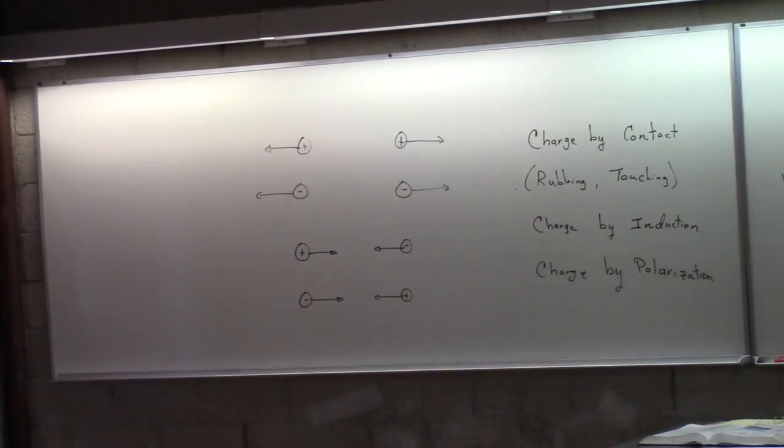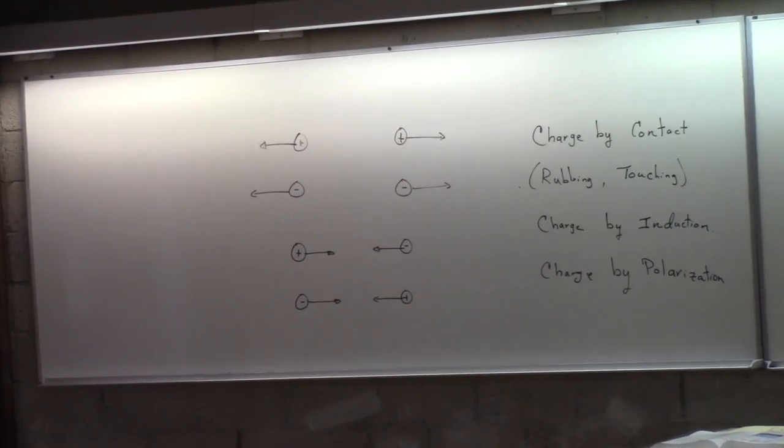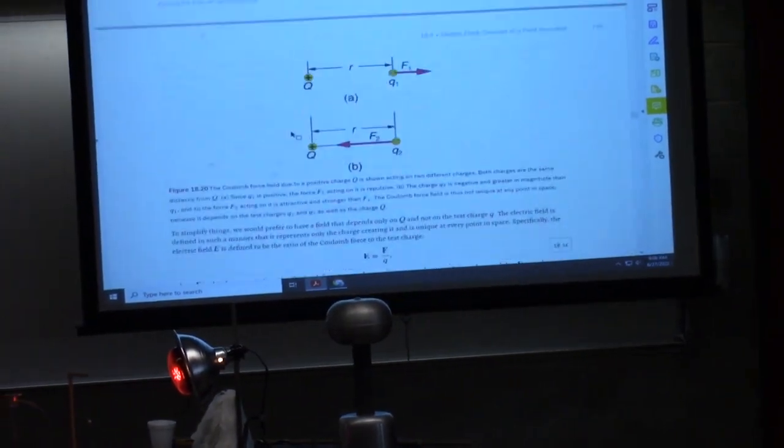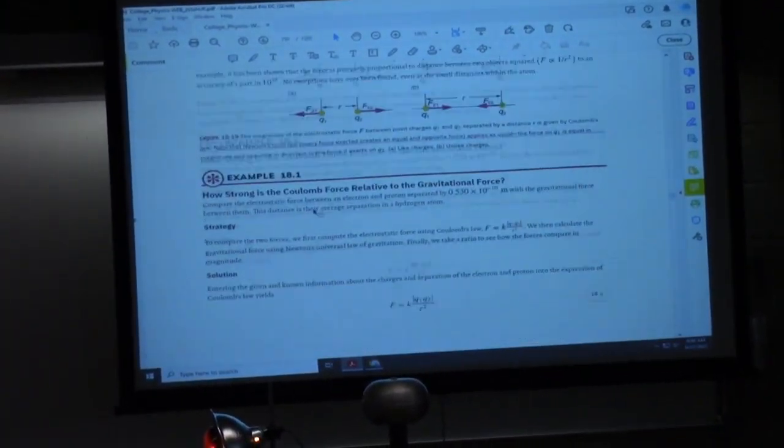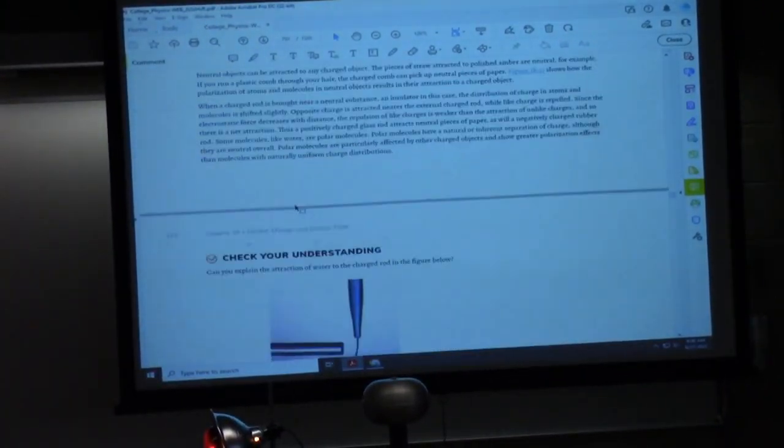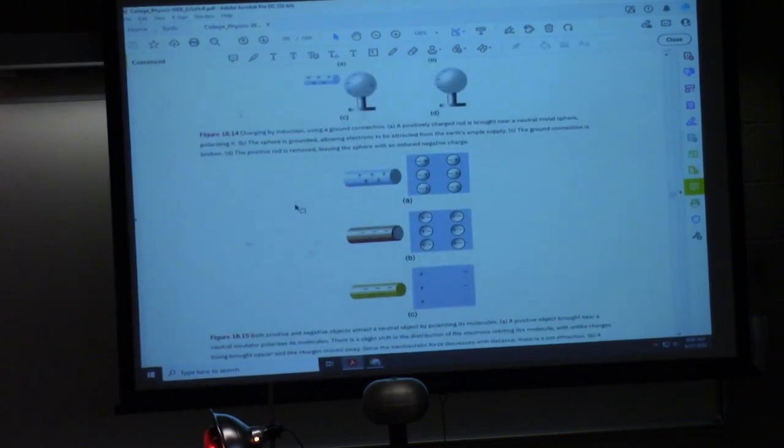In fact, your author has a good picture for this. He shows, where's his polarization? Whoops, too far. Right here.